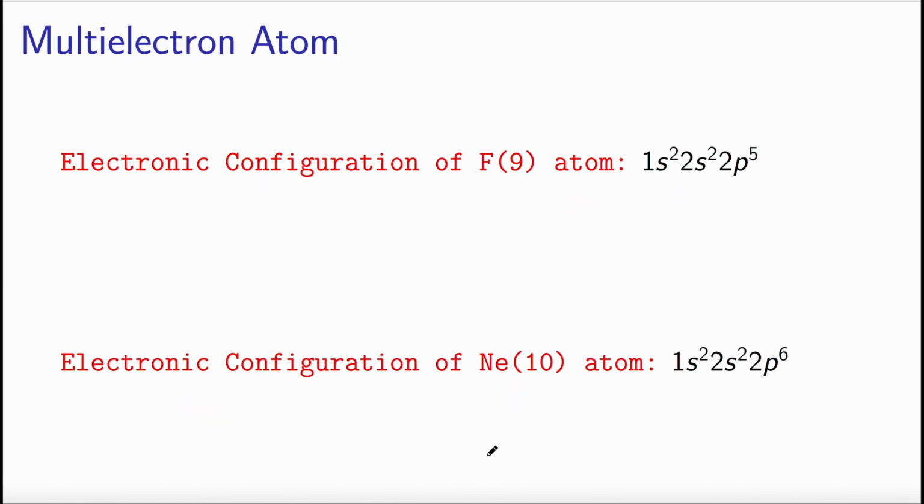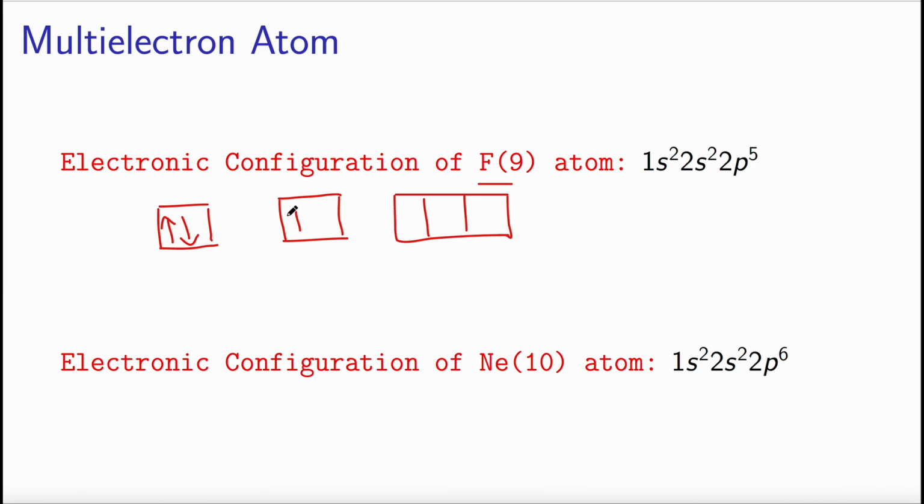And then we go to the electronic configuration of fluorine. Fluorine has 9 electrons, and we'll just repeat what we have done before. This is the 1s orbital, this is the 2s orbital, and this is the 2p orbital. So this is up, down, and we'll just repeat what we have done before for oxygen.